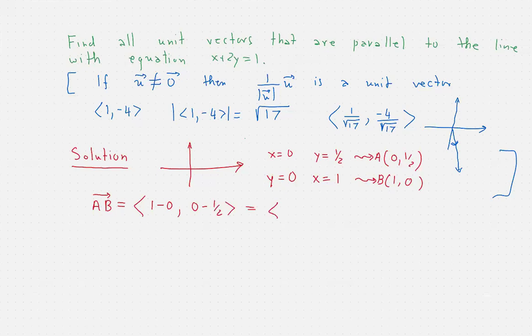Okay. So now we would like to find the magnitude of this vector, which is going to be square root of 1 squared plus negative 1/2 squared, which is equal to square root of 5/4. And square root of 5/4 is square root of 5 over 2.